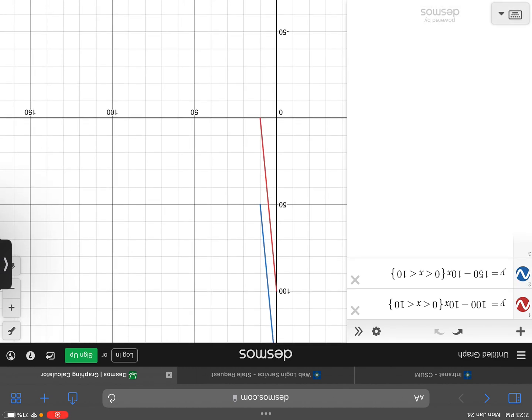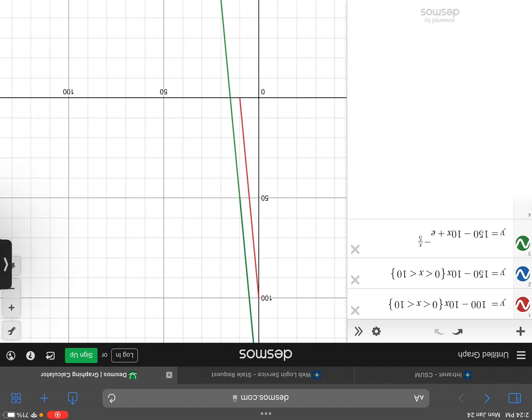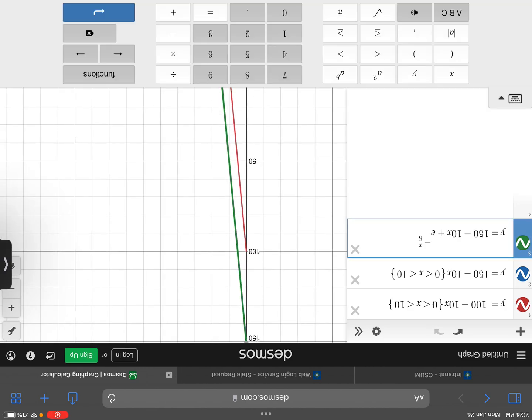If I could get these axes to line up right. Okay, and let's put in u now. So u is 150 minus 10x plus e raised to the minus x over 5, 0 less than x less than 10.